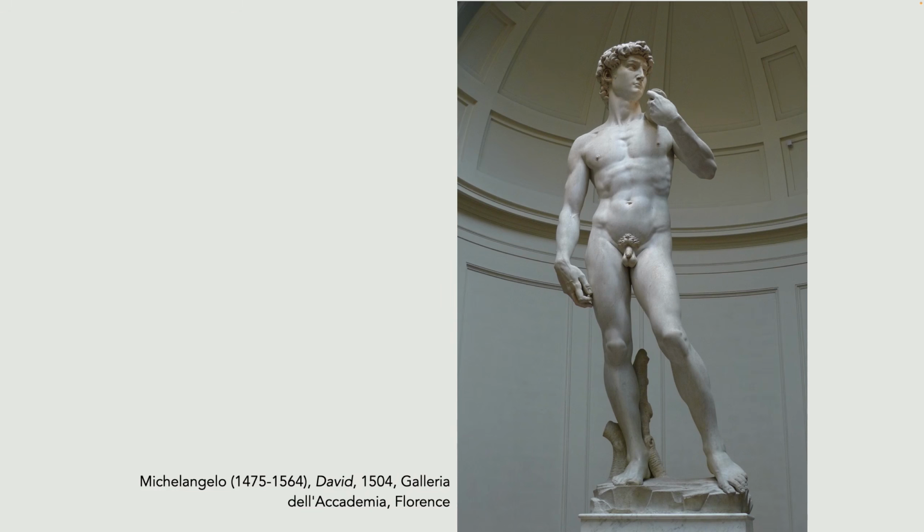Then, much later, in the mid-19th century, they noticed cracks in the legs, and it was moved to the Accademia Gallery, which is where it now is, and replaced by a copy. In 1991, it was attacked by a deranged artist with a hammer, and 3 tourists, believe it or not, tried to escape the gallery with the fragments, but luckily the guards saw what was happening and stopped them, and so all the original pieces were obtained and have been restored.